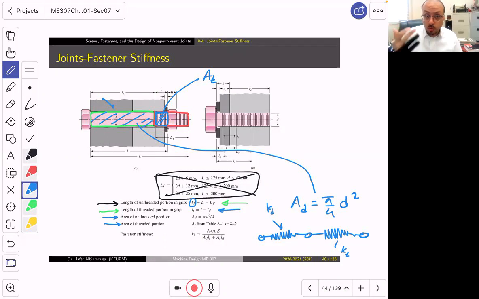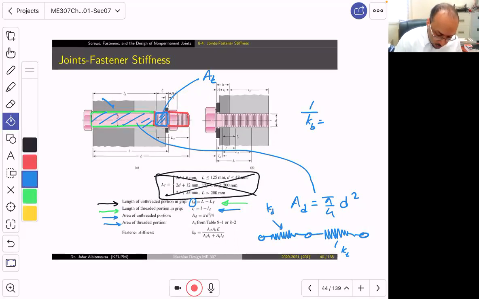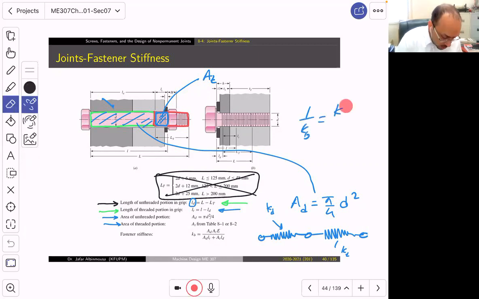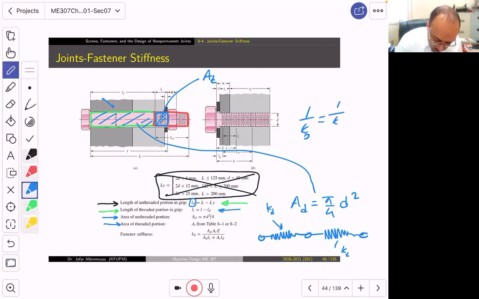Now, we know, guys, that to find the stiffness of the bolt, 1 over KB equals 1 over KD plus 1 over KT, this is how we find it in series. Now, there is a relation of the stiffness, if you recall, okay? And if we find KB by multiplying the cross product and then taking the reciprocal, what are we going to get? We're going to get this equation.